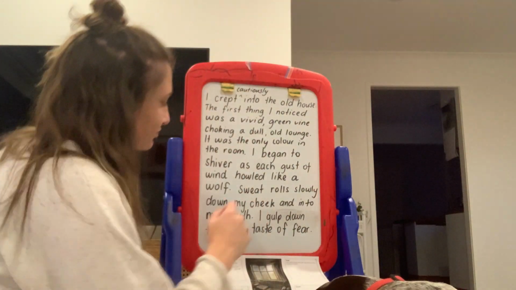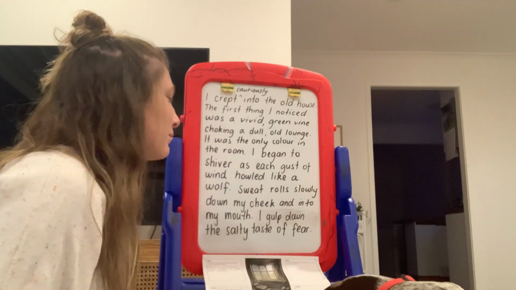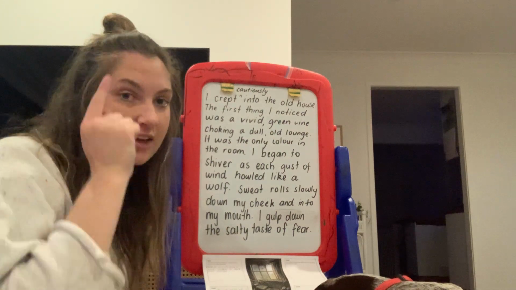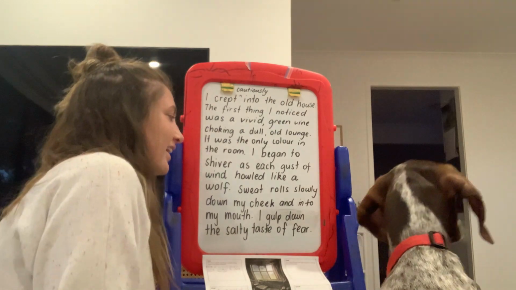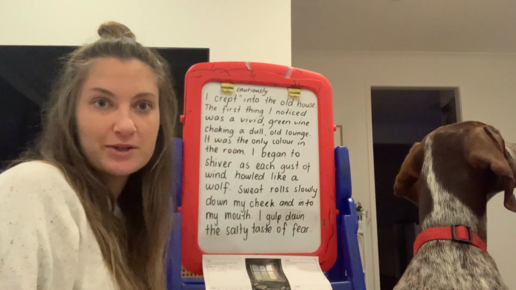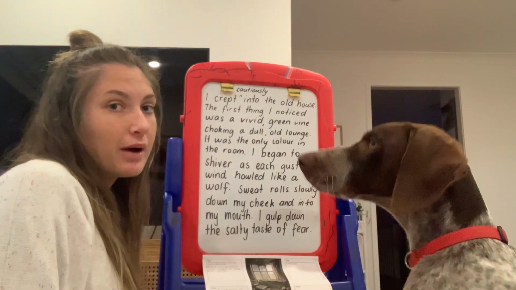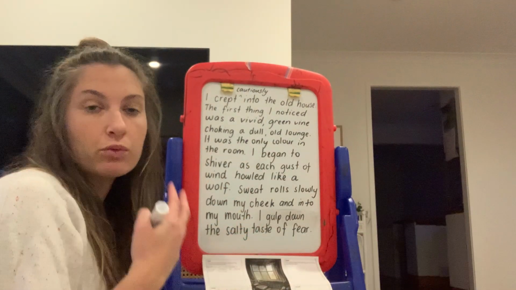So I've added sweat rolls slowly down my cheek. So that's what I can feel. I can feel the sweat slowly rolling down my cheek. I didn't even notice that I was doing that, but now that I've noticed, I might want to make that more vivid and more descriptive.